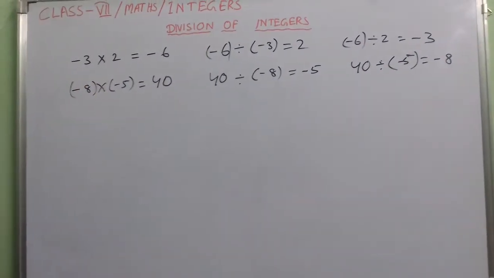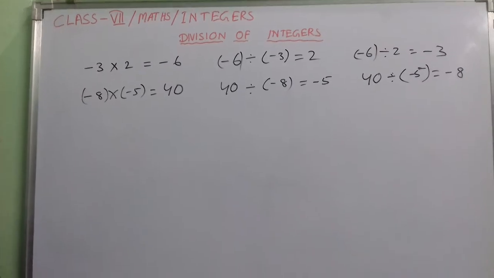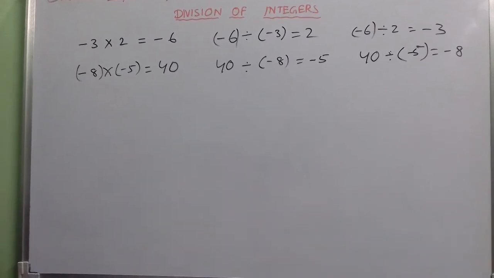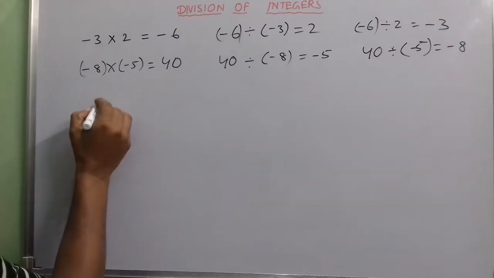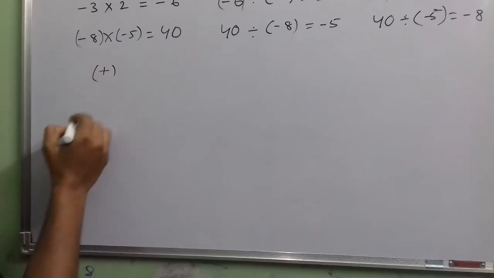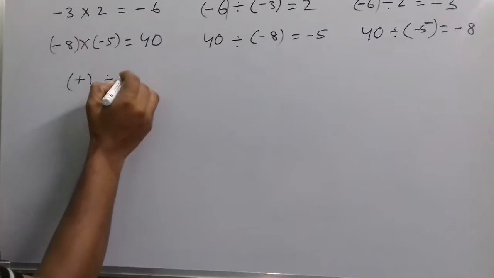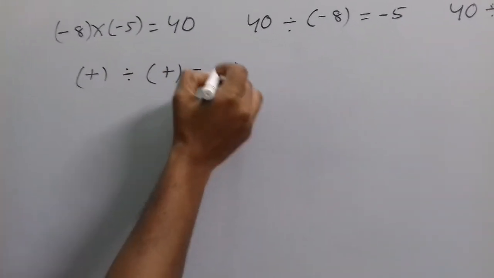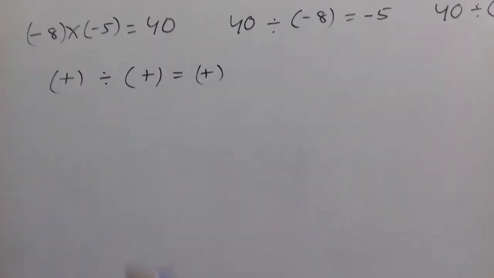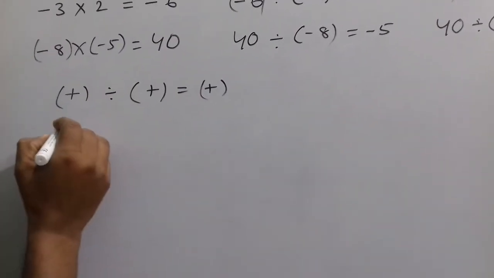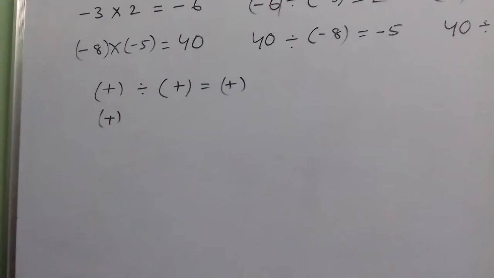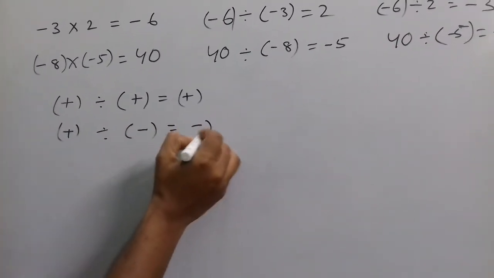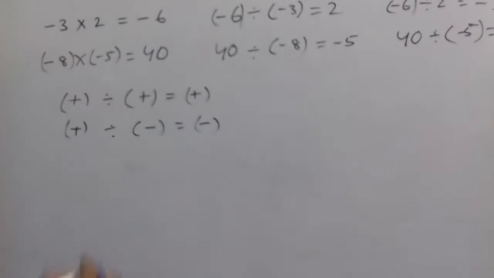So in this way we can divide one integer by another integer, and from this you can see, if we divide any positive integer by any positive integer, already you know it is positive. If we divide a positive integer by any negative integer, you get a negative integer.